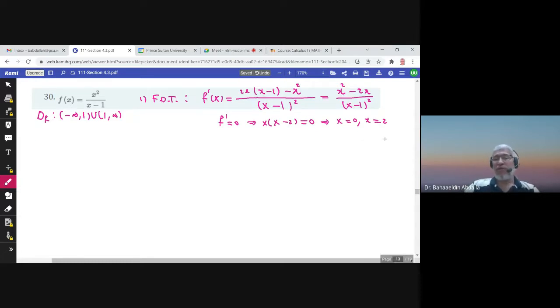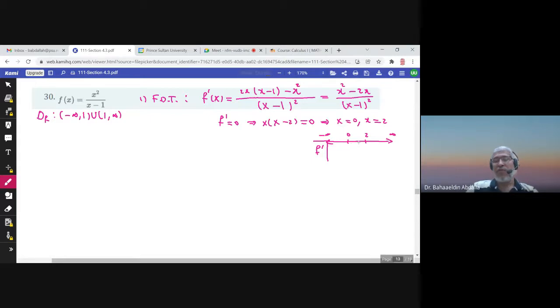To use the first derivative test, notice that x minus 1 all to the power 2 is always positive, okay? So I'm not going to consider 1 here because it does not affect the sign of f prime. Well, I have 0 and 2 from negative infinity to infinity.